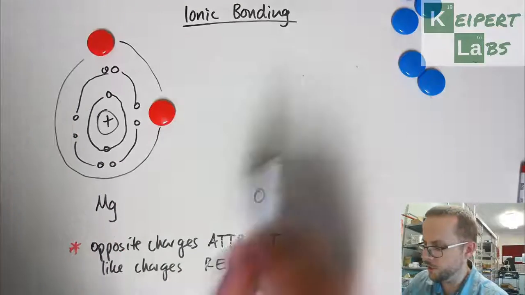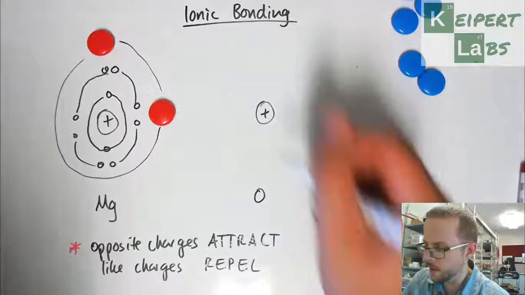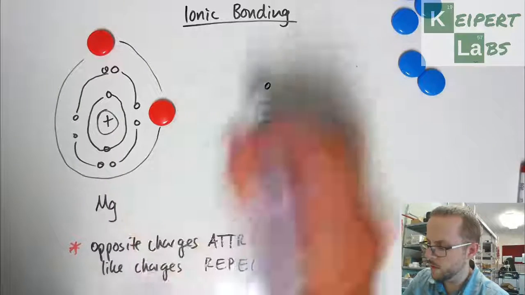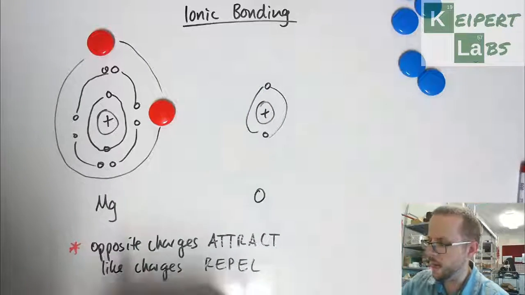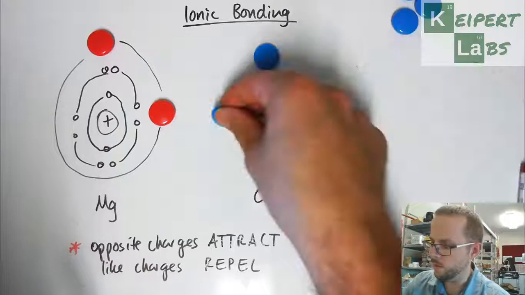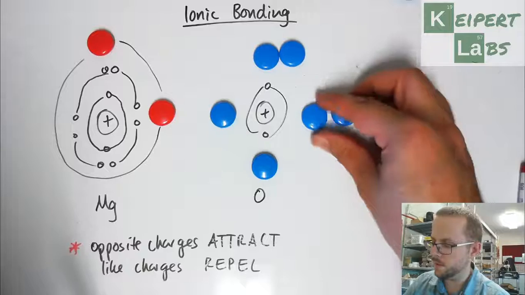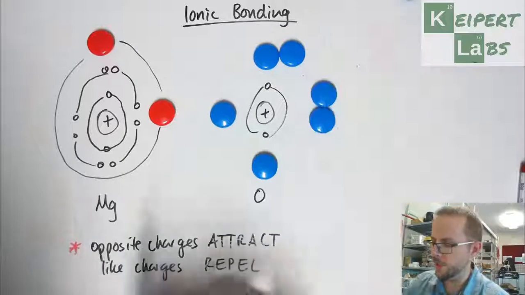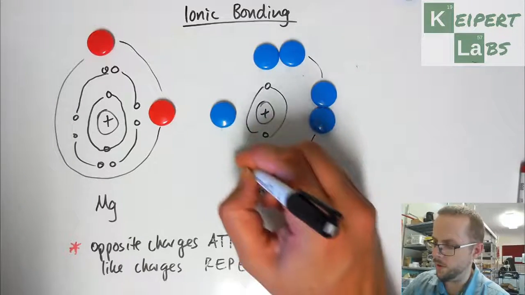Oxygen, with our positive nucleus, has 2 in this shell, and then it has 6 valence shell electrons over here: 1, 2, 3, 4, 5, 6.